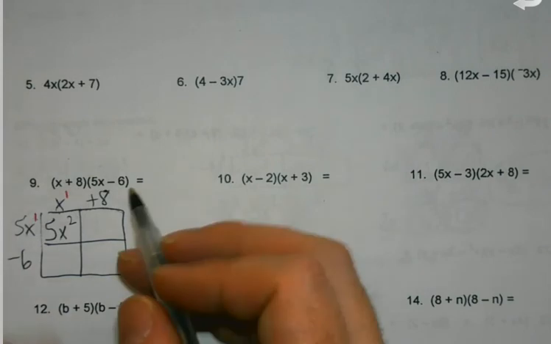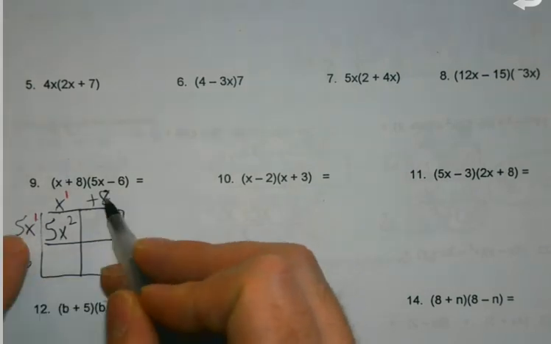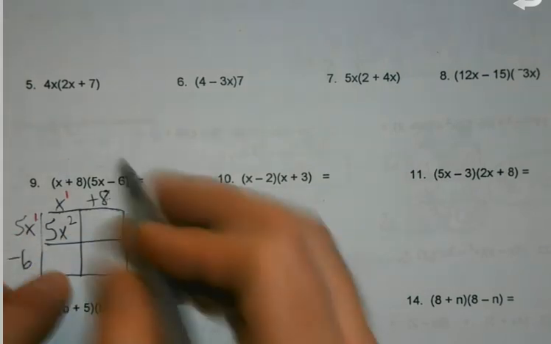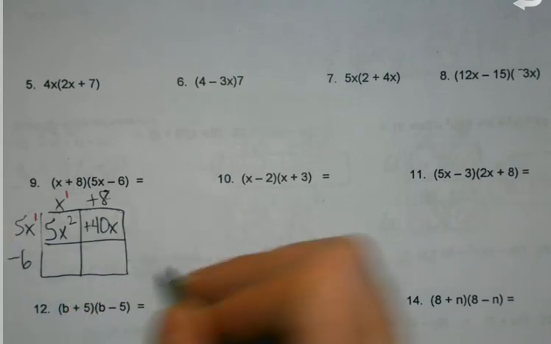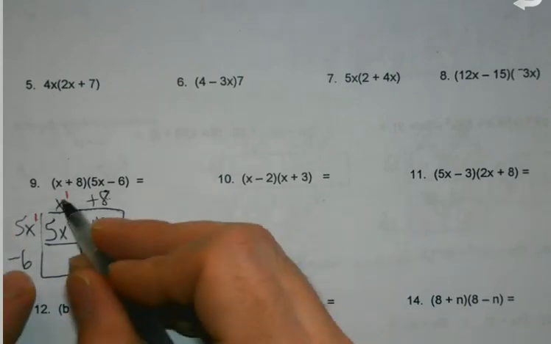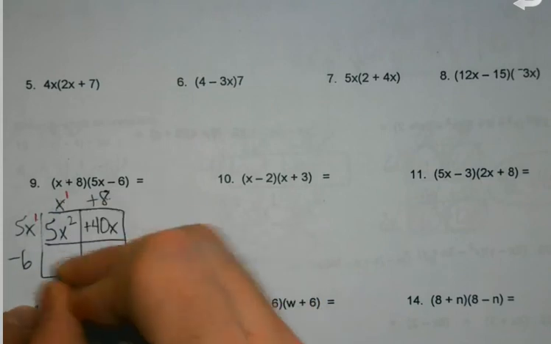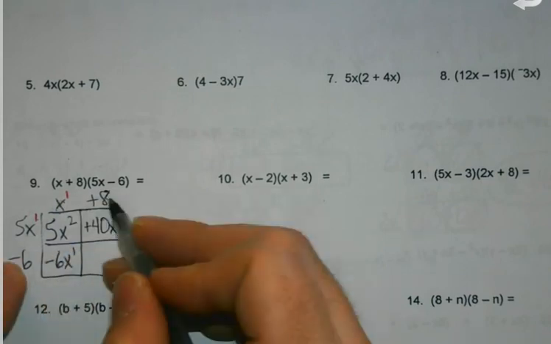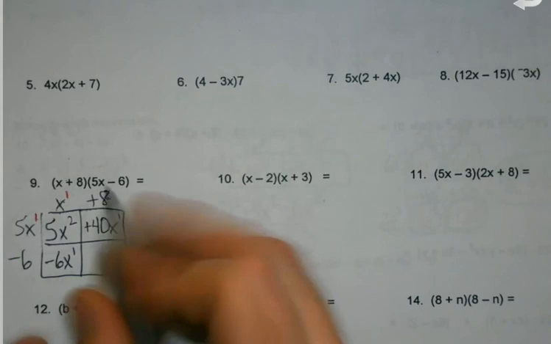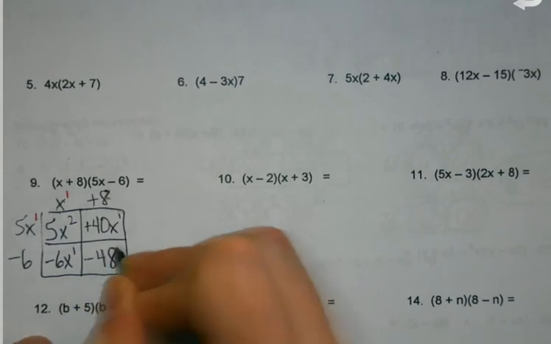And then I just kind of move my way along. So like this next box is going to be 8 times 5x. Well, 8 times 5 is 40x. Negative 6 times x is negative 6x. And negative 6 times positive 8 is negative 48.